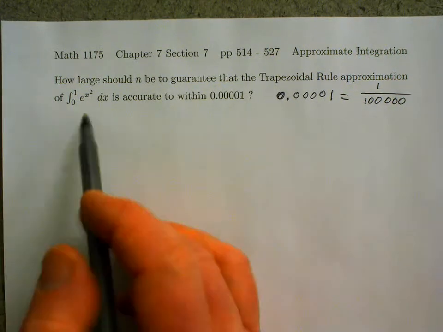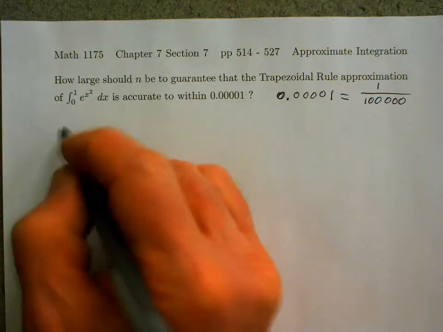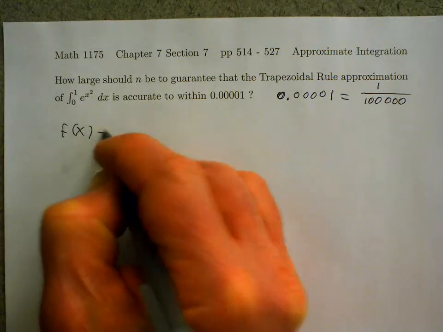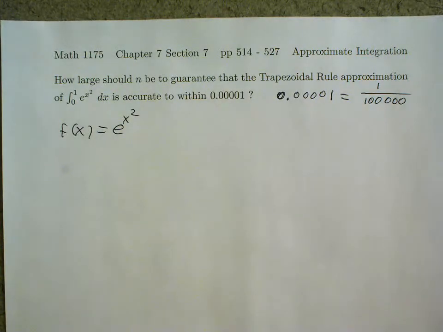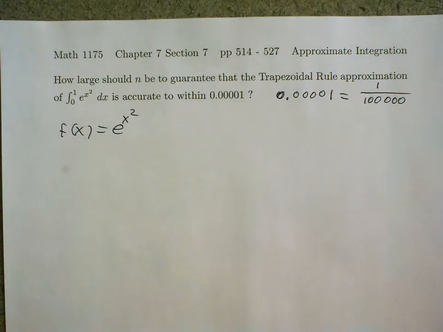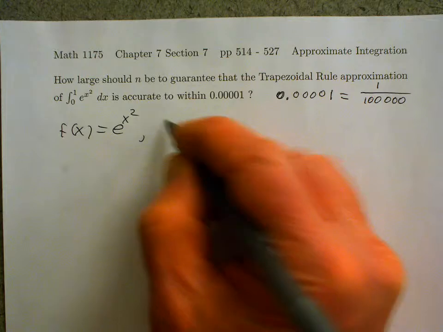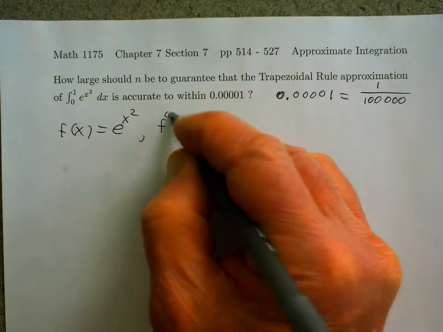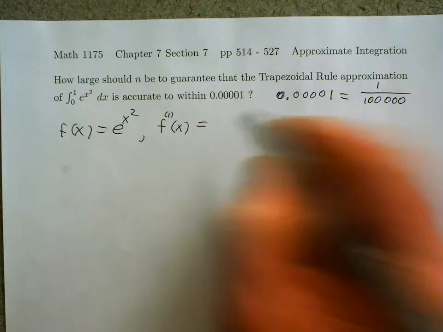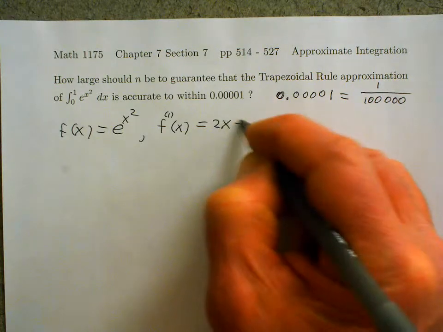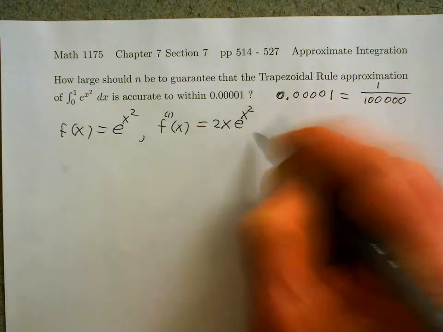Okay, so our f of x is e to the x squared. And for the trapezoidal rule, we need to know what the second derivative is. So the first derivative, using the chain rule, is 2x times e to the x squared.